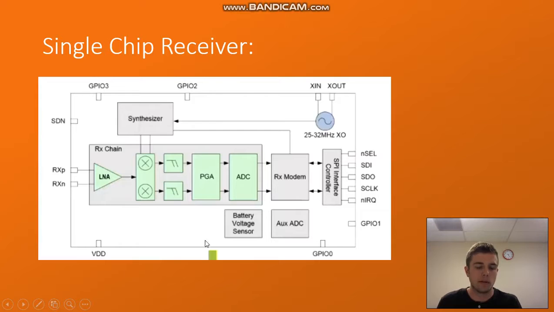Alright, and now we go to the more commercial example. So we have our low noise amplifier again, and this does the bandpass filter to separate our signal out from everything else, and it amplifies it at the same time.